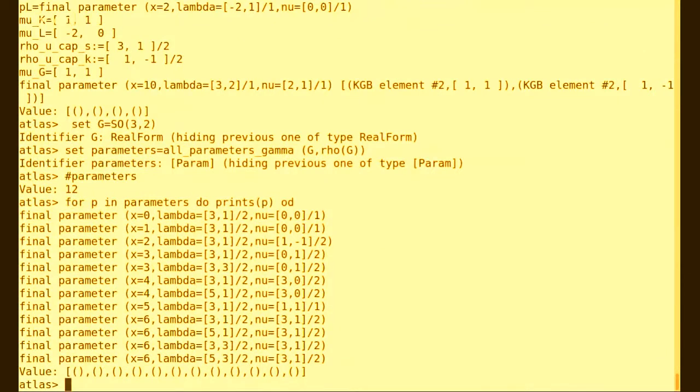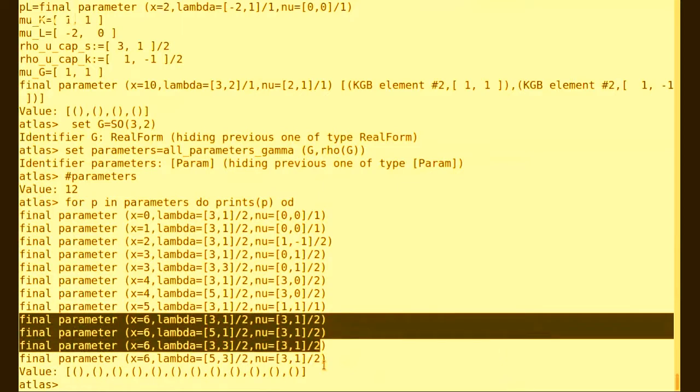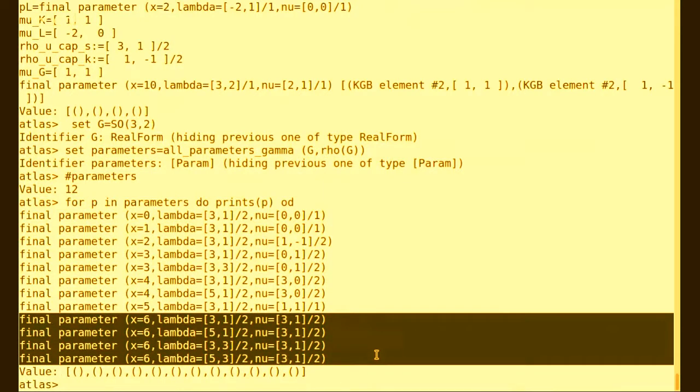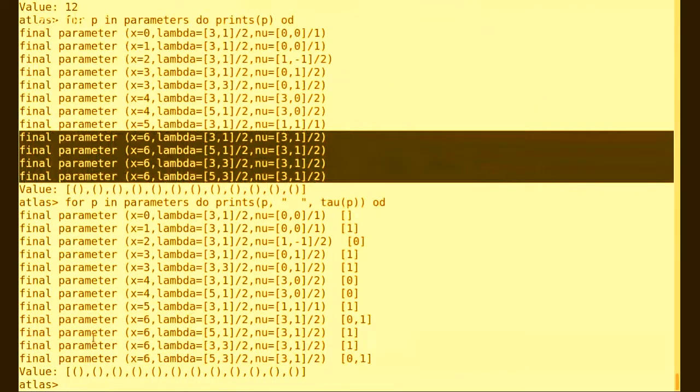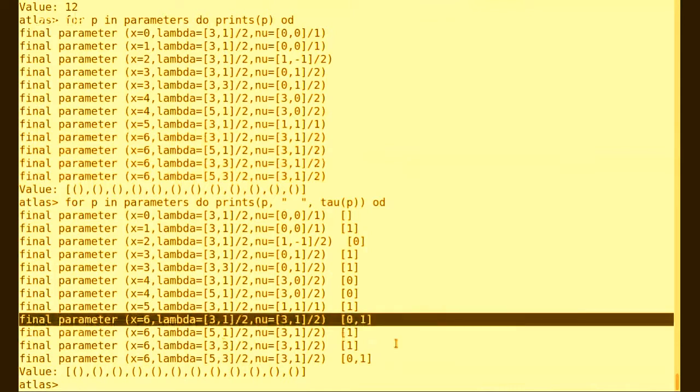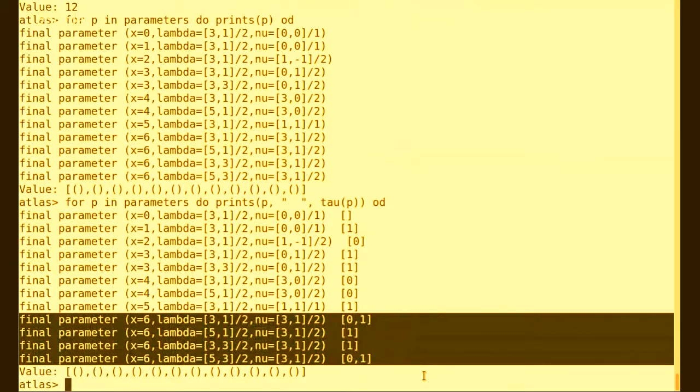So here they are. And again, these last 4 are the principal series. Let's look at all of the parameters and their tau invariants. I'm really only interested in the last 4, but I'll print them all out while I'm at it. This is interesting. The tau invariant of this parameter is 0, 1, and the last parameter is 0, 1.